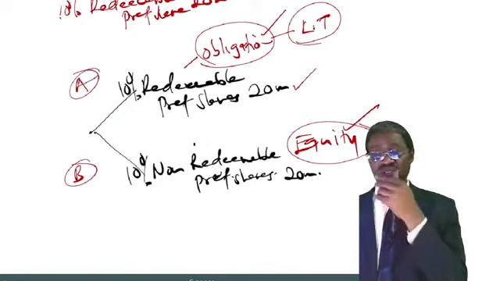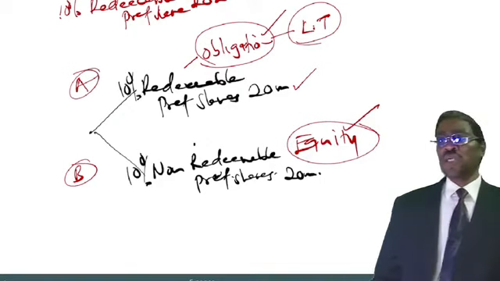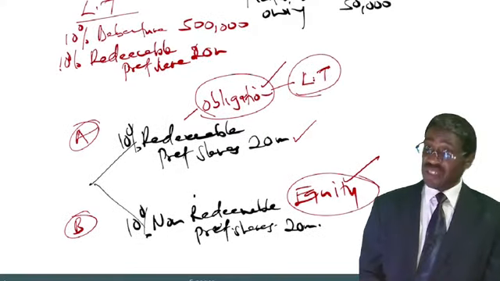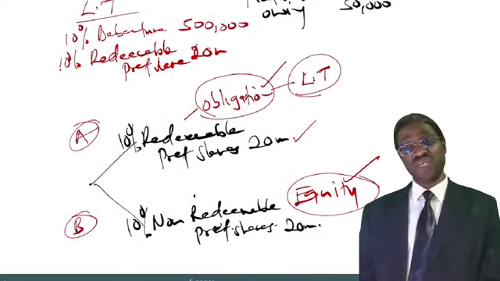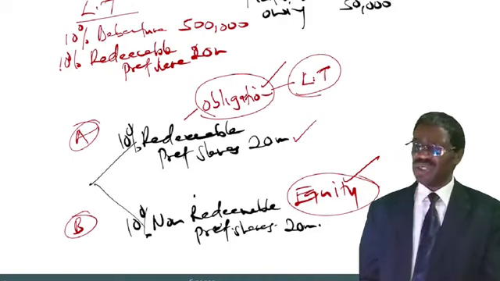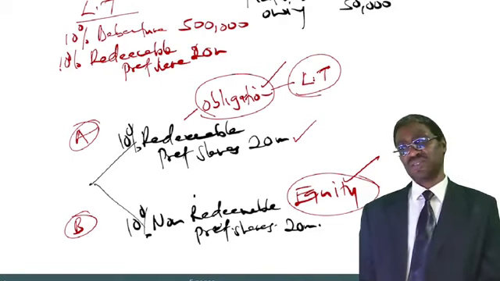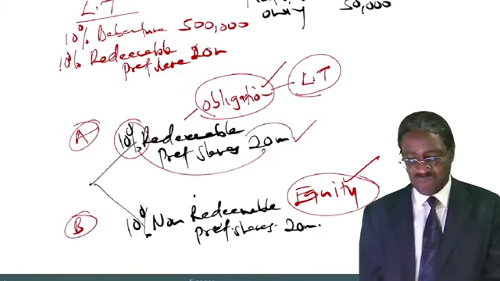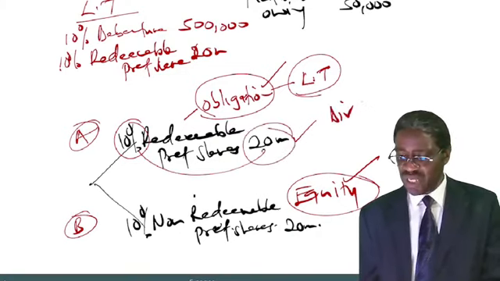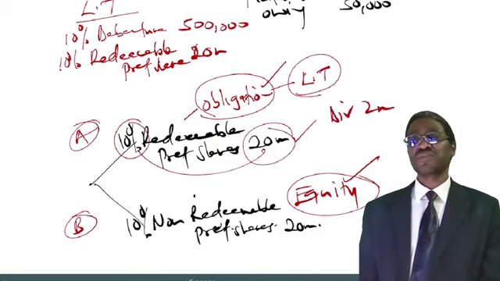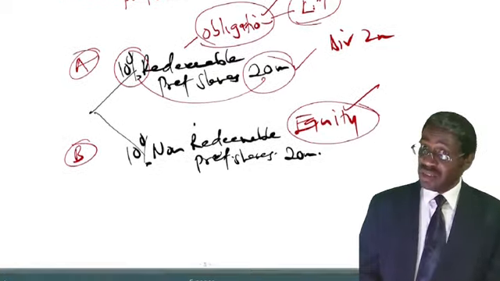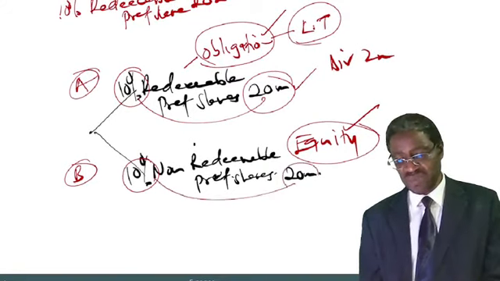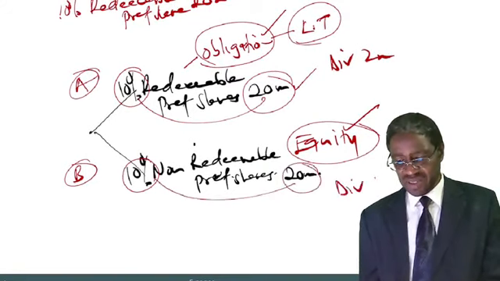That's important. Now, both companies will be required by the end of every year to pay their shareholders some dividends. Company A will pay 10% of 20 million, dividends of 2 million. Company B will again pay their shareholders 10% of the 20 million, dividends of 2 million.